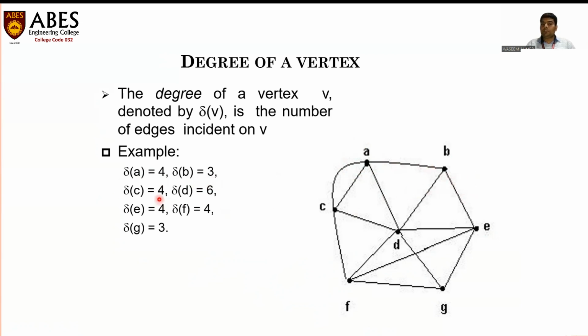Degree of C is 4. Degree of D is 6 because there are 6 edges incident on the vertex D. Degree of E is 4 because there are 4 edges incident on the vertex E. Degree of F is 4 and degree of G is 3.